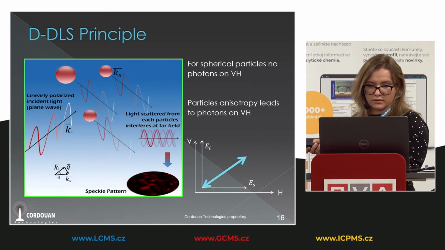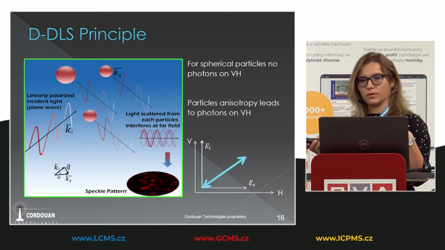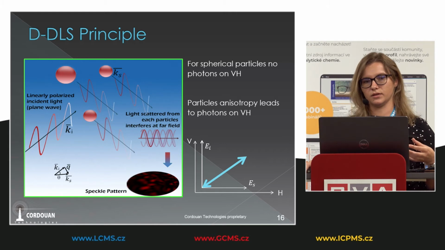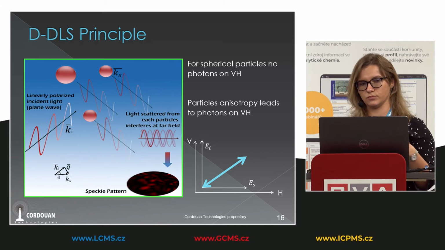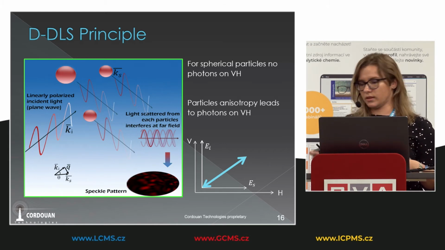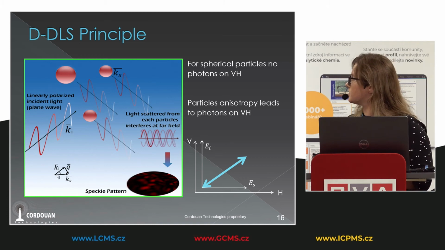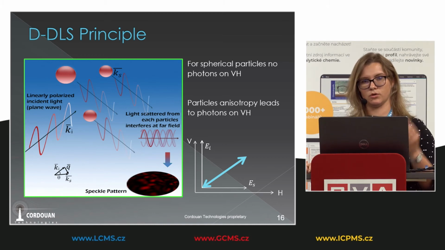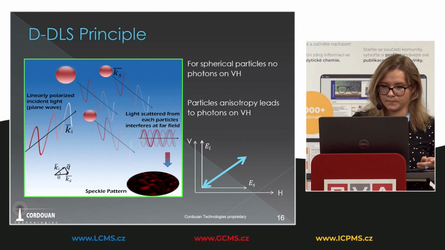Because when we have spherical and anisotropic nanoparticles in the same suspension, we will detect only the signal from the anisotropic nanoparticles in VH configuration, because thanks to their shape anisotropy, these particles are able to rotate the angle of polarized light which was sent to the suspension.